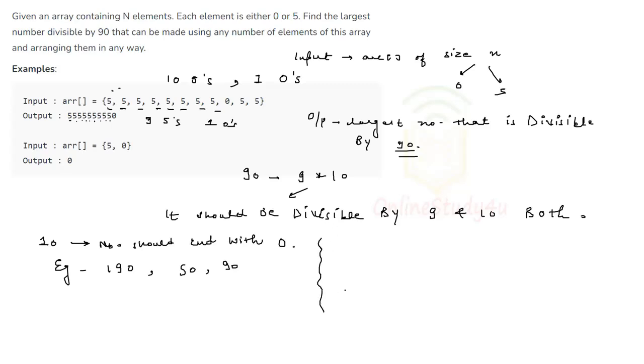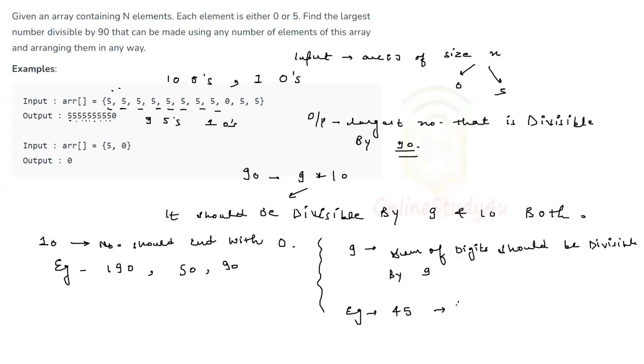But for 9, the sum of digits should be divisible by 9. Suppose I talk about the number 45.